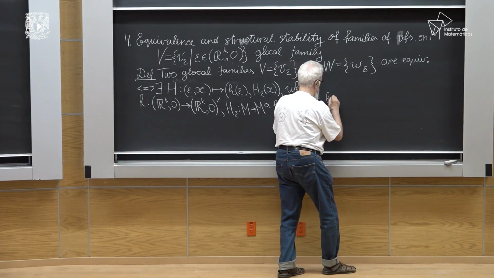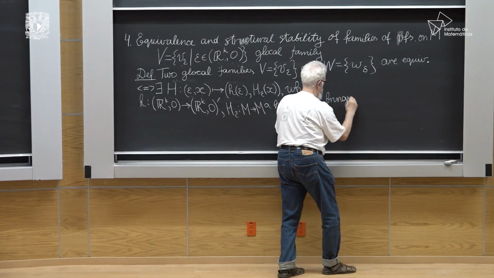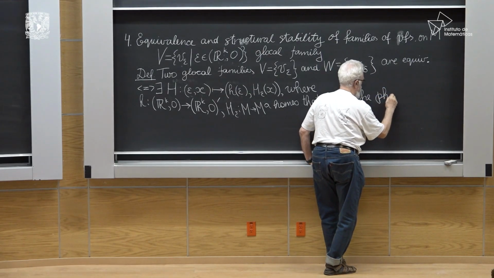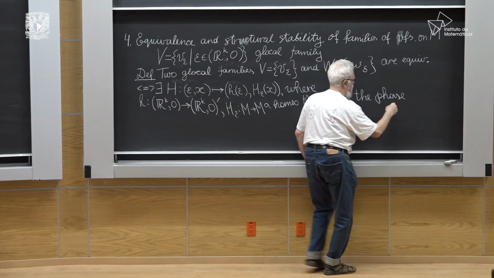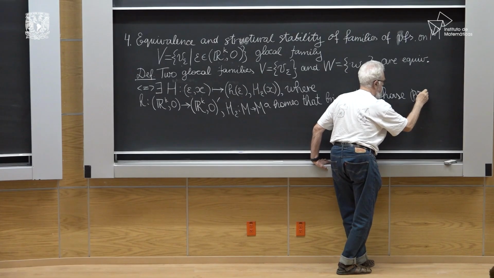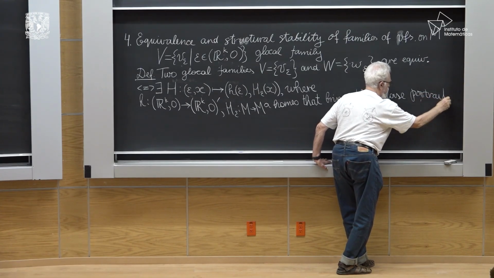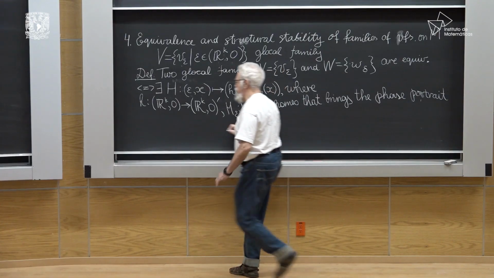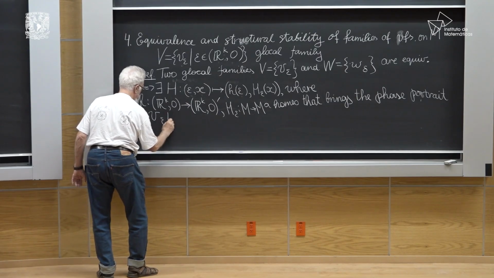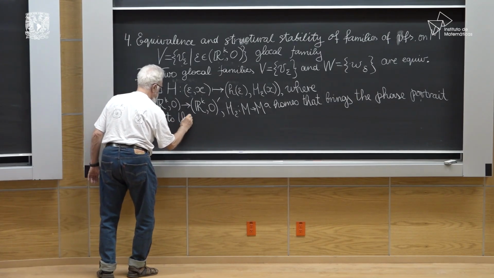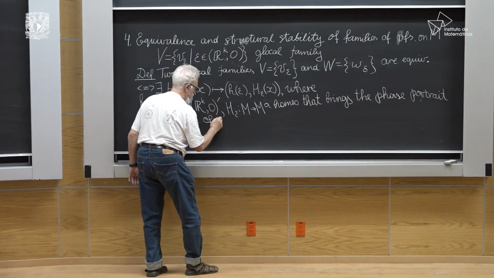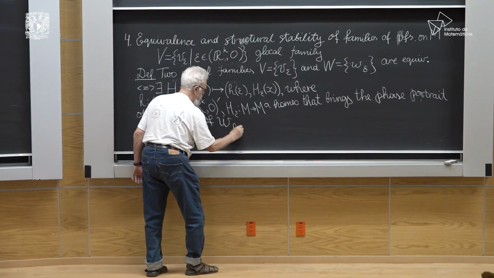That brings the phase portrait, that is the set of all the orbits of V epsilon, to that of W h of epsilon.